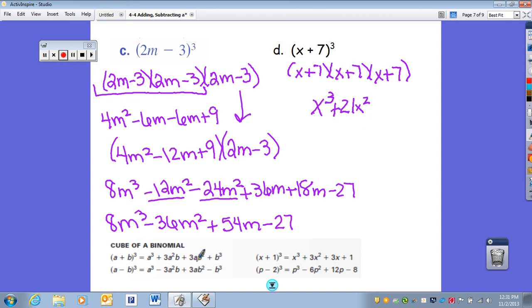The fourth term is a times b squared, which is 49x times 3, which would be 147x. And then lastly, we're going to add b cubed, which is 7 times 7 times 7, which is 343. Either method works, and you'll get the same answer.